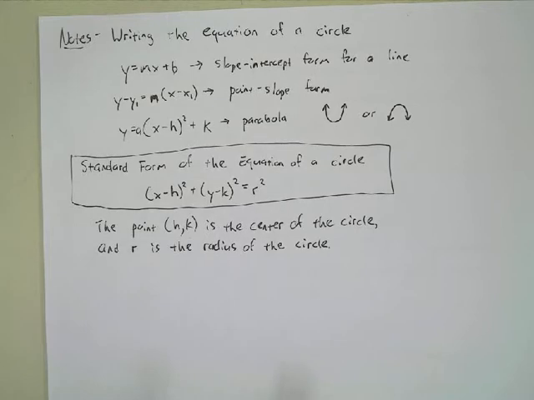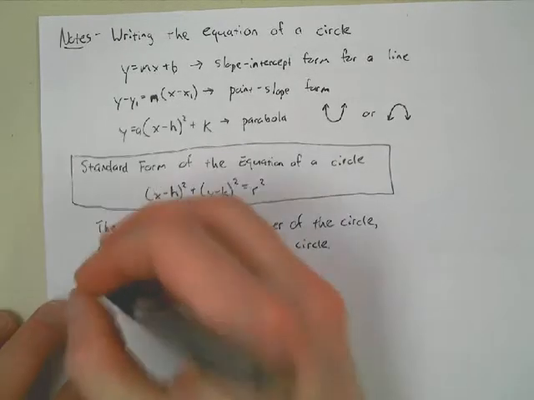So that's it. That's all we're going to worry about right now. We want to be able to write the equation of a circle with that information. So let's do an example here.